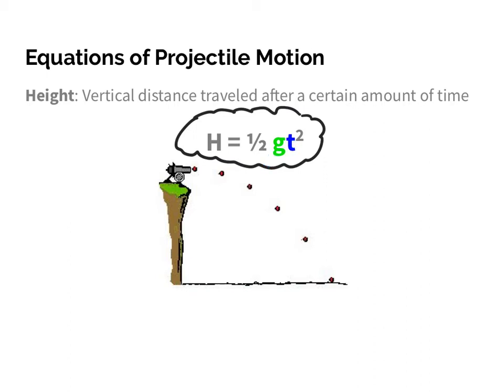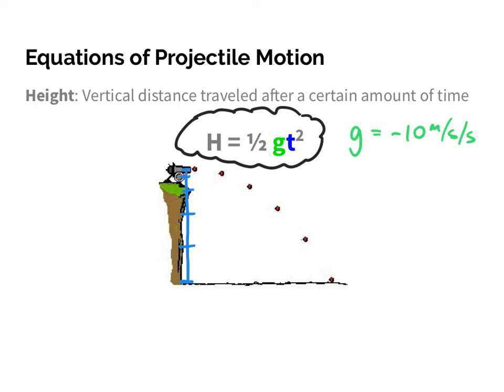For that value of g, just remember that g is the value of gravity, which is always negative 10 meters per second every second. So this is going to relate the height of the object, or the vertical distance, after a certain amount of time. If I show this diagram here, that would look at the vertical distance. Again, it's going to track where that object is after certain points in time.